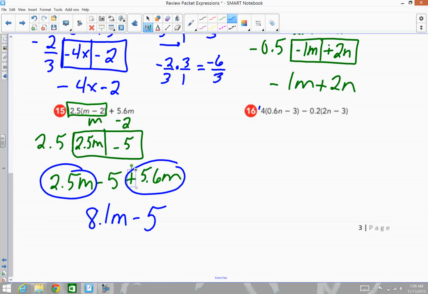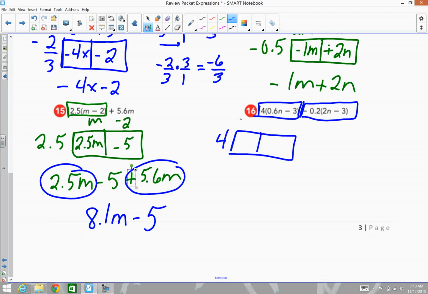Okay, similarly here, we would set up two boxes. Okay, 4 times 0.6n is 2.4n, and 6 times negative 3 is negative 12.